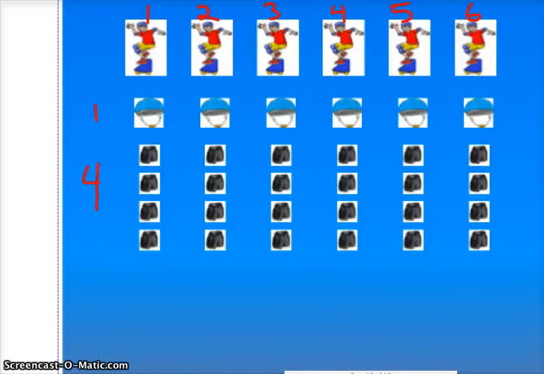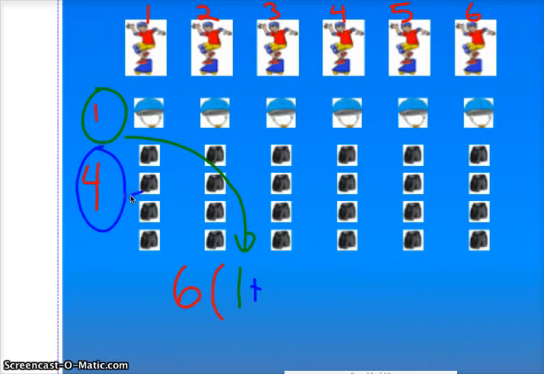We will do 6, that's the number of skateboarders. In parentheses, we will have the number of helmets, which is 1. And then we will add on the number of knee pads, which is 4.